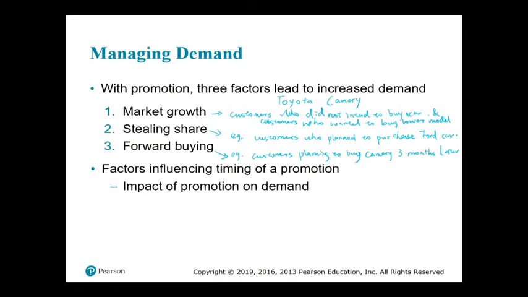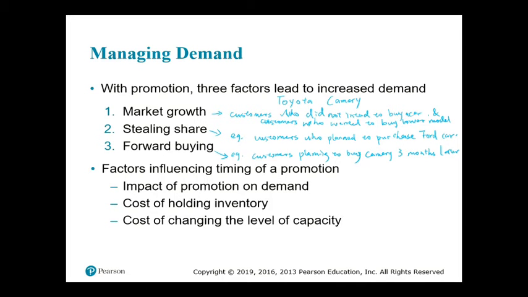How do we decide the timing of a promotion? First, it's influenced by the impact on demand, whether it's from the first, second, or third reason. It also depends on cost factors such as the cost of holding inventory, the cost of changing capacity, and the profit margin.